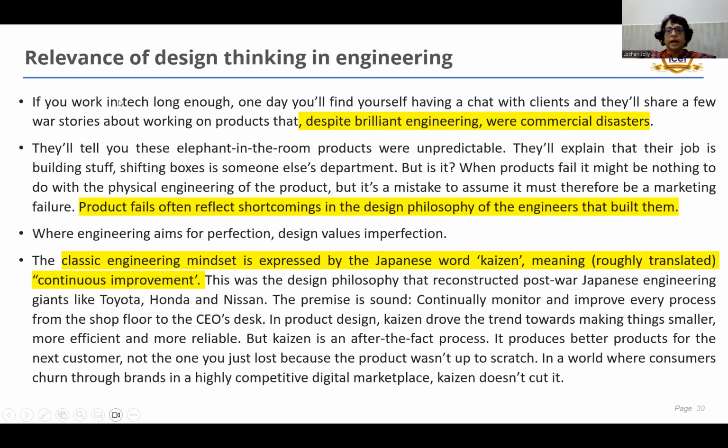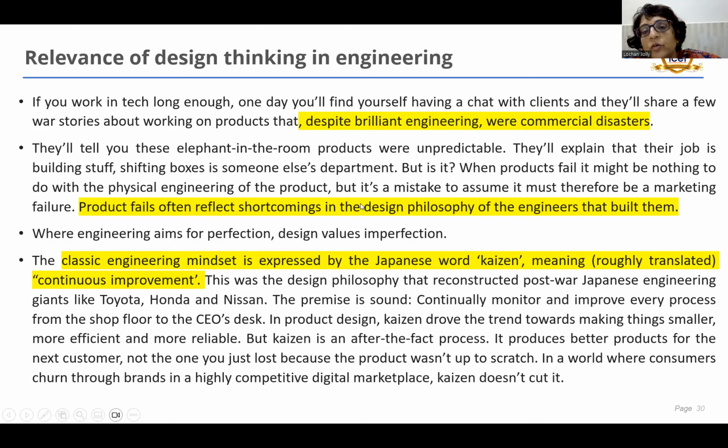There are certain examples, or stories, of products which were brilliant in engineering but were a commercial disaster because the process was not followed. They put all their energy and money only on making the design and did not look into what will work and what will not work. A product often reflects the shortcomings in the design philosophy of the engineers that built it.